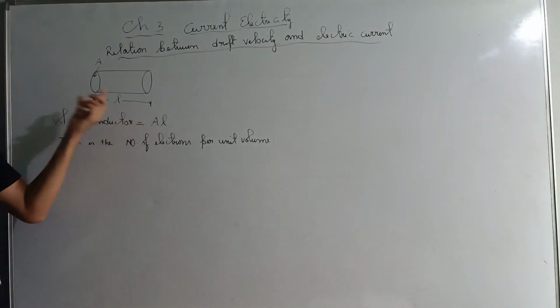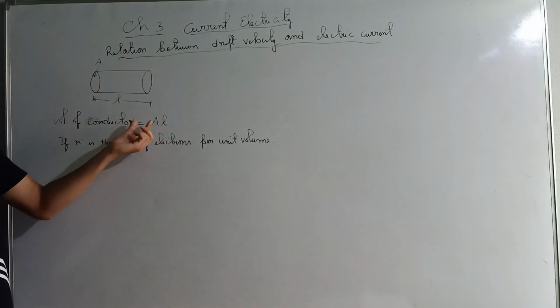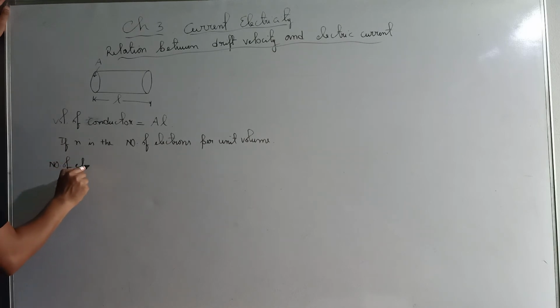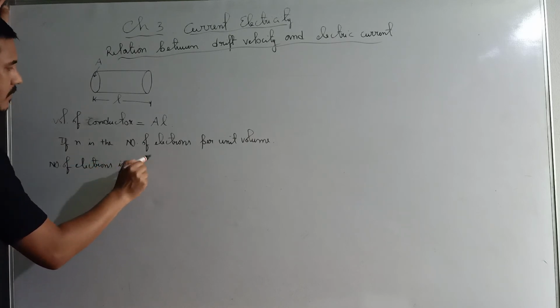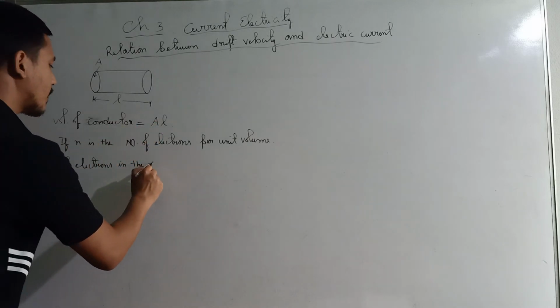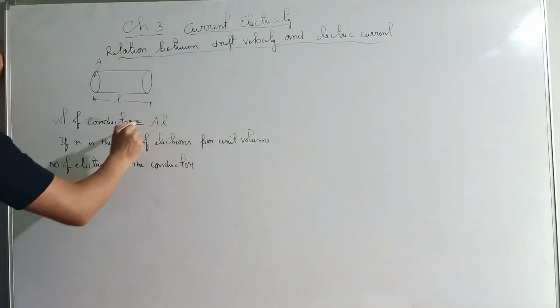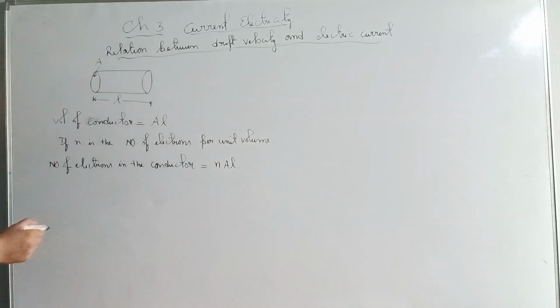Then for volume AL, the number of electrons will be N times AL. So the total number of electrons in the conductor of volume AL will be given by N times the volume of the conductor.